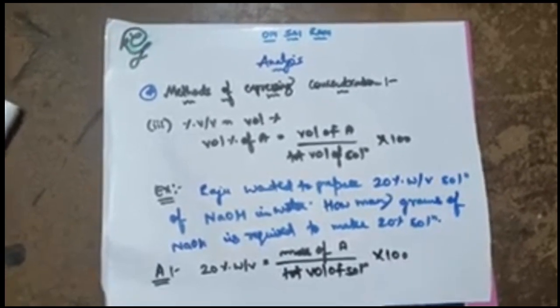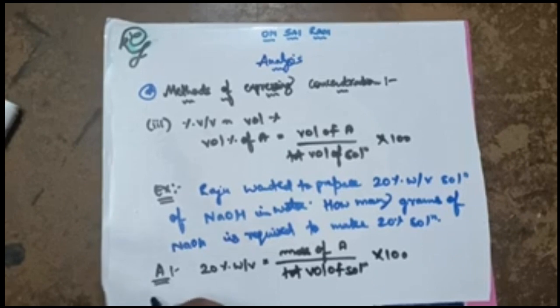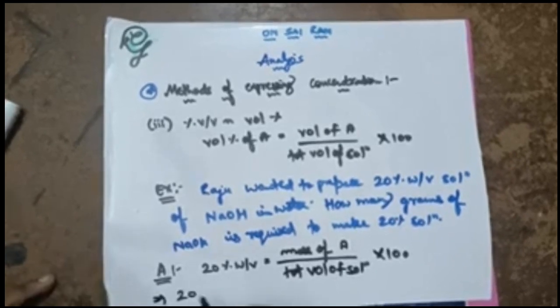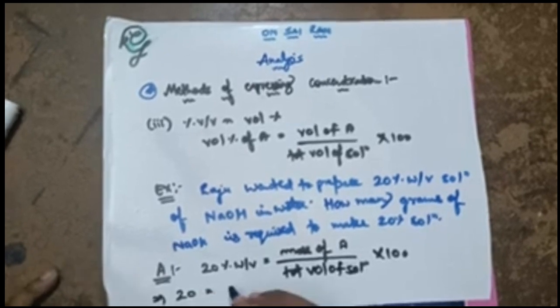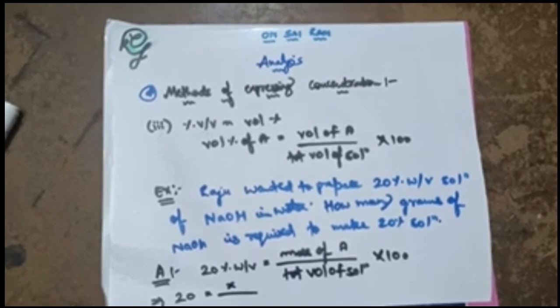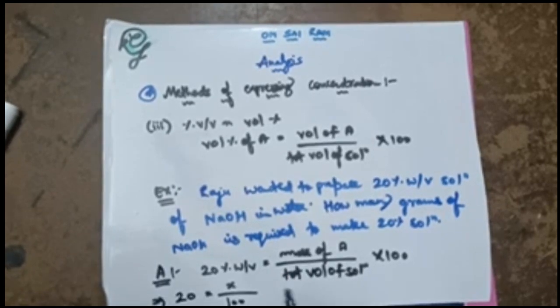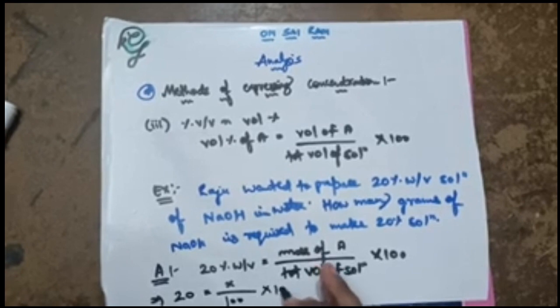So 20 is equal to mass, let us take it as X, and total volume, if they have not mentioned, let us take it as 100 ml, into 100.